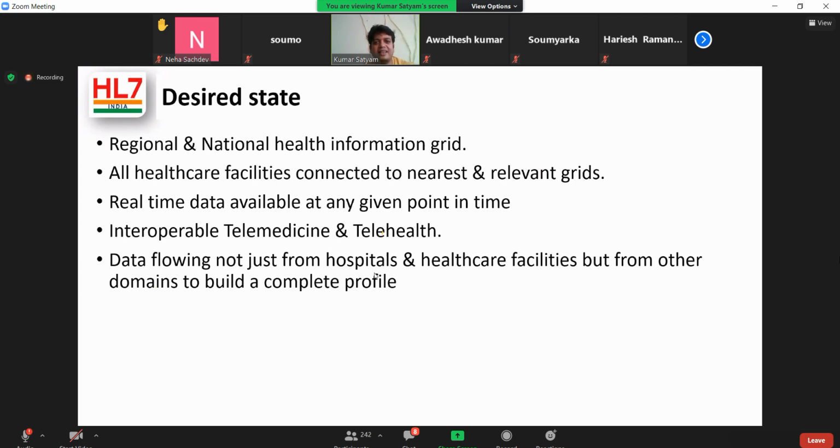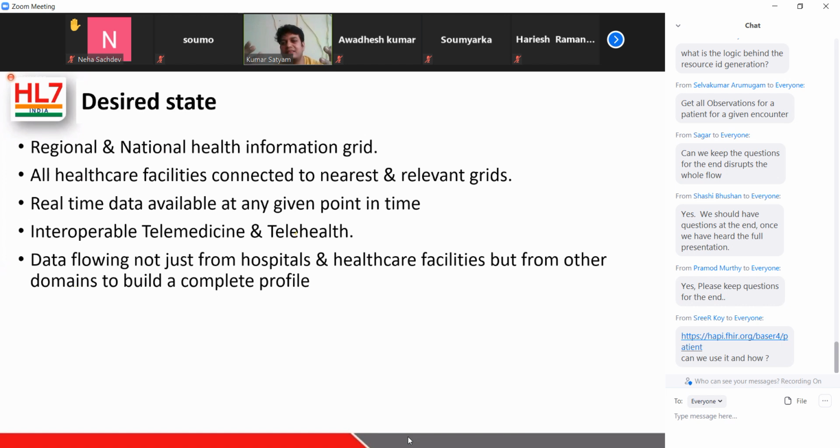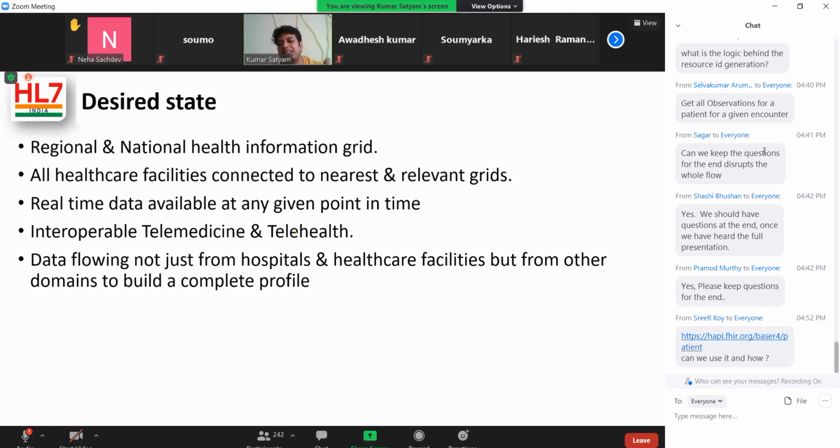And the last thing, the data should be flowing not just from hospitals and healthcare facilities, but from other domains to complete a patient profile. That's another myth that has been broken, that healthcare data only resides in hospitals and healthcare facilities. That's no longer true. Now more and more patients and people are advised to take home care. They are monitoring their vitals at home.